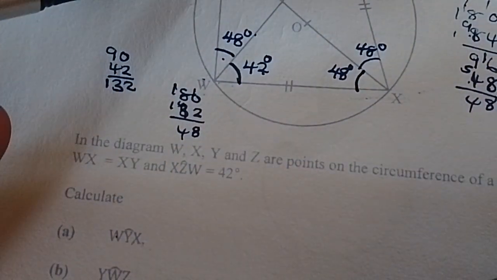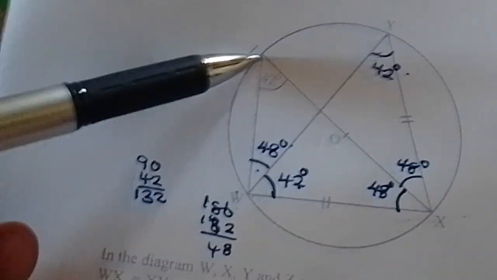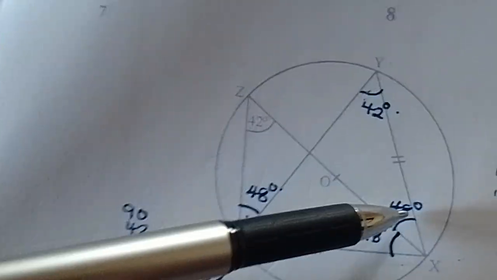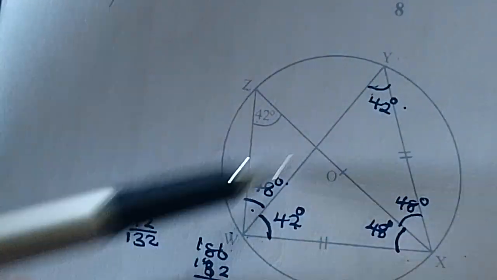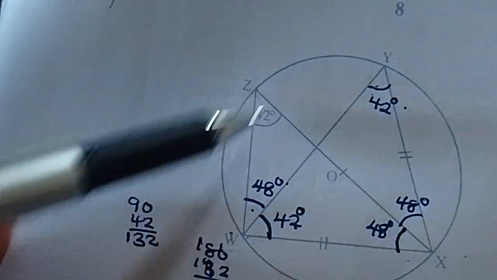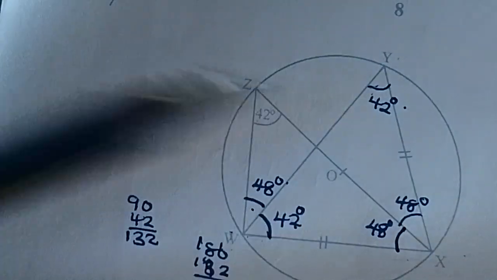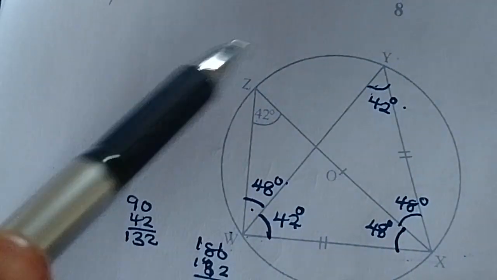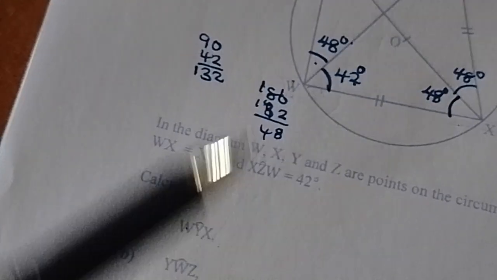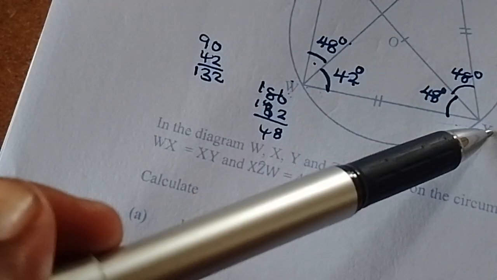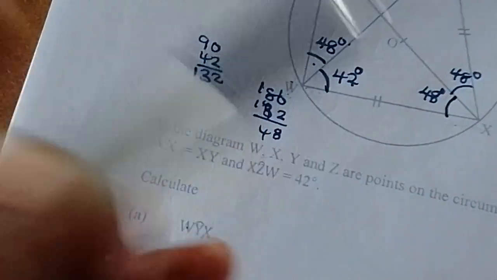If you look carefully there, we can easily get this angle. It's subtended by this same chord, 48. So YWZ is 48. Then angle WXY is 96 degrees. So that's circle geometry for us.